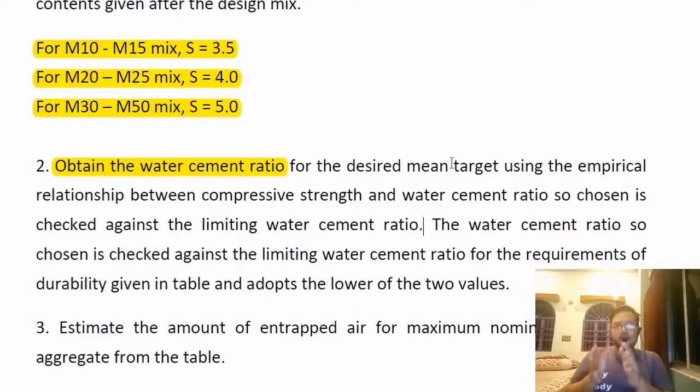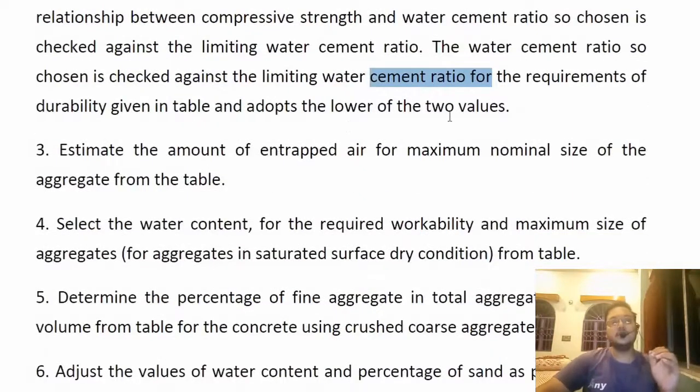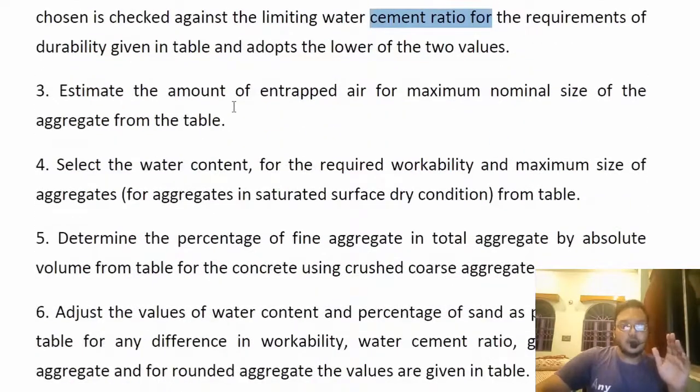So we will check against the limiting water cement ratio, and we will do some trial and error so that we can limit the water cement ratio up to a certain extent. The water cement ratio so chosen is checked against the limiting water cement ratio for the requirements of durability given in the table, and we adopt the lower of the two values.